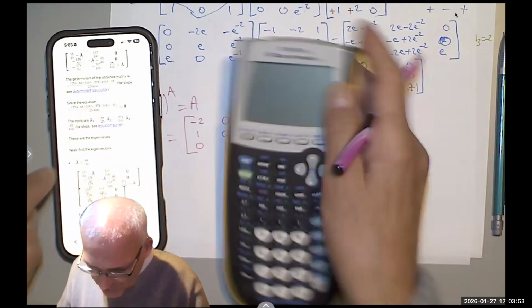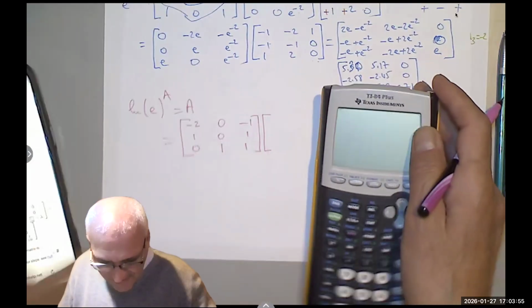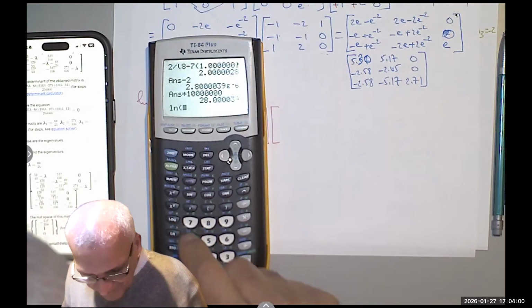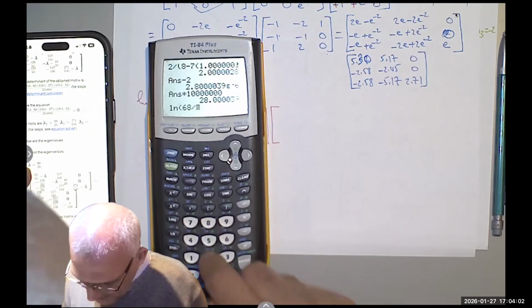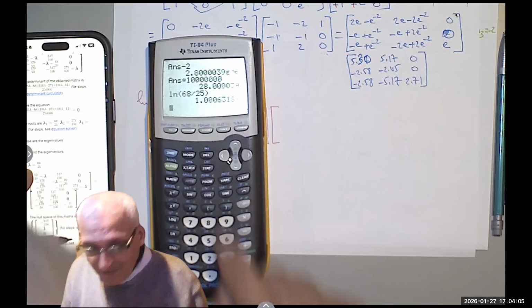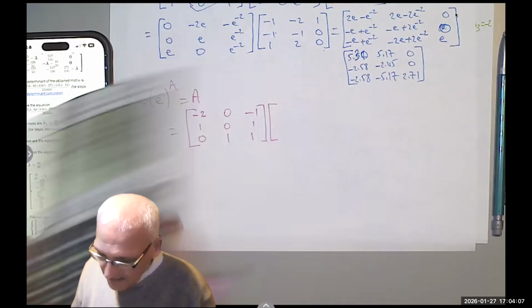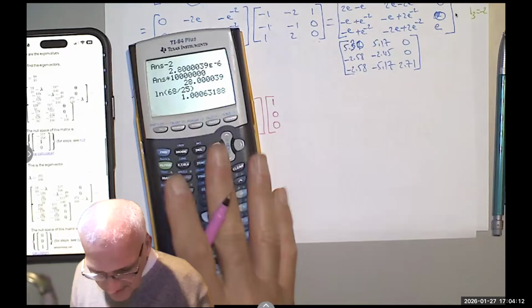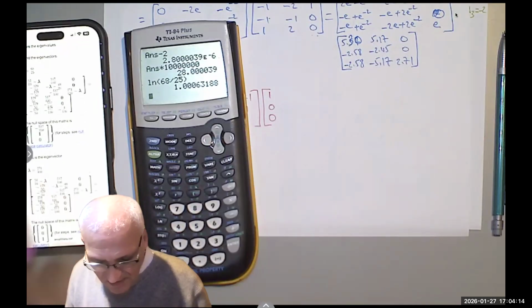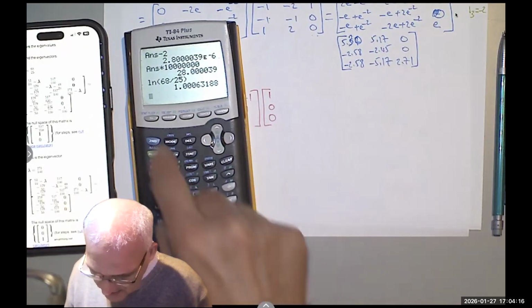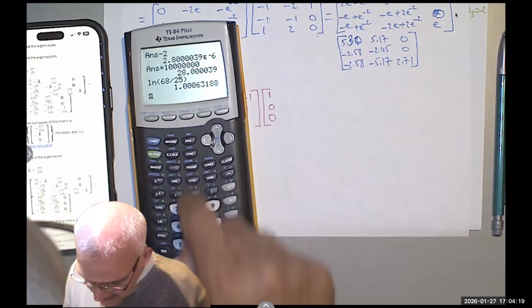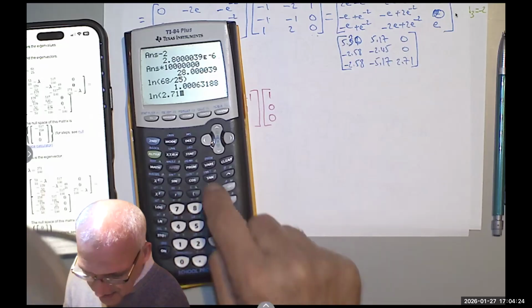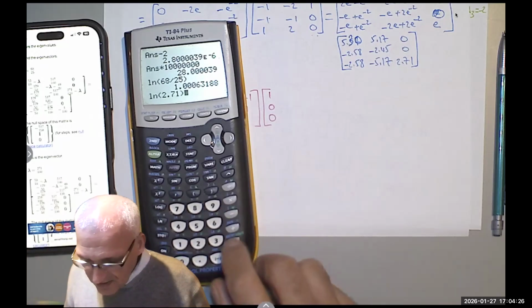Well, the first lambda, notice I'm going to take the natural log of that. So I'm going to say natural log of 68 over 25, I get 1. That's E. The second, 2.7, so that's also E. I want the natural log of 2.71, right? 271 over 100.